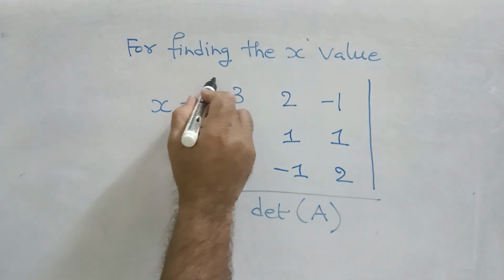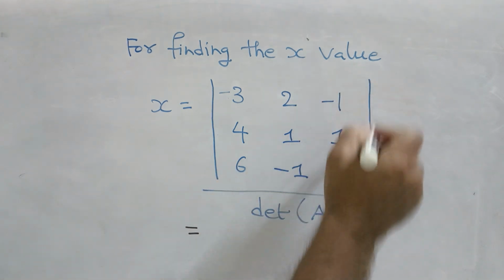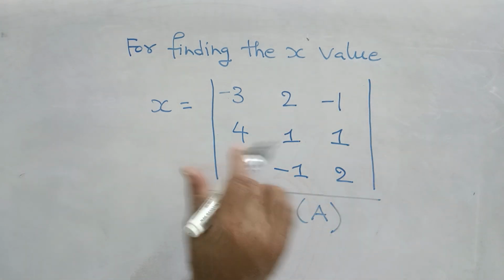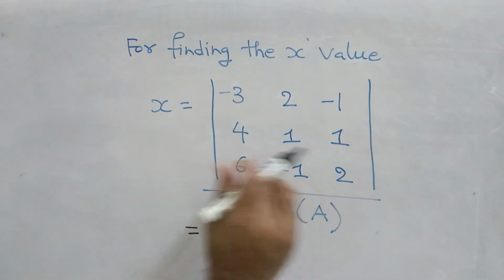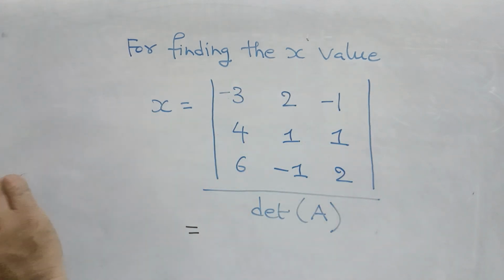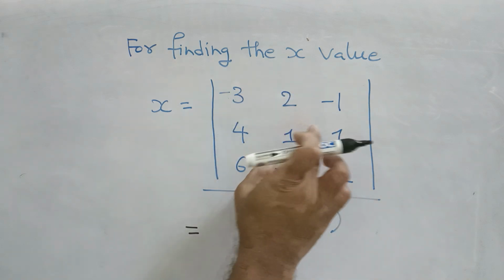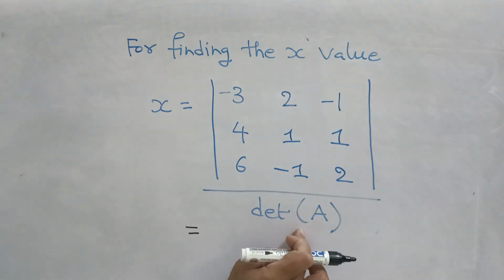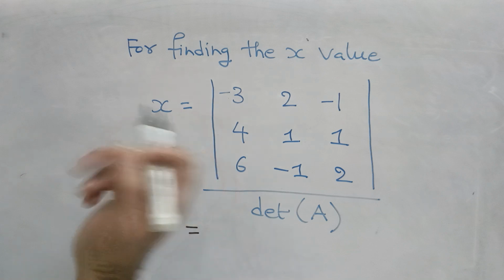Don't confuse here. I have not put the square brackets like a matrix. No, it is a modulus symbol. For this also we have to find the determinant, divide that value by this value, then you will get a certain value, that is the value of x.